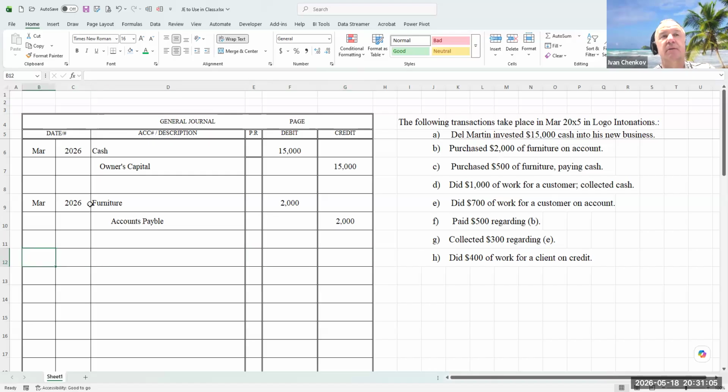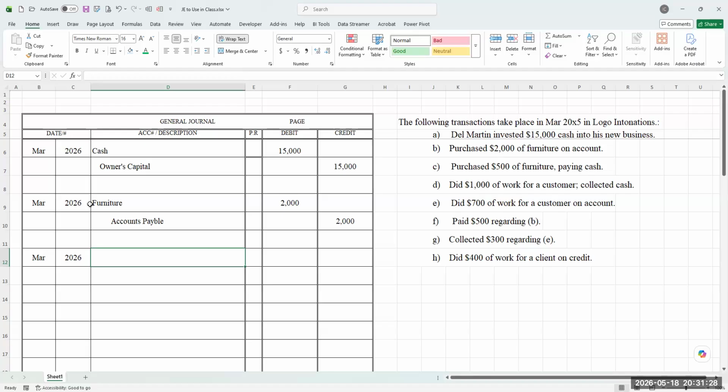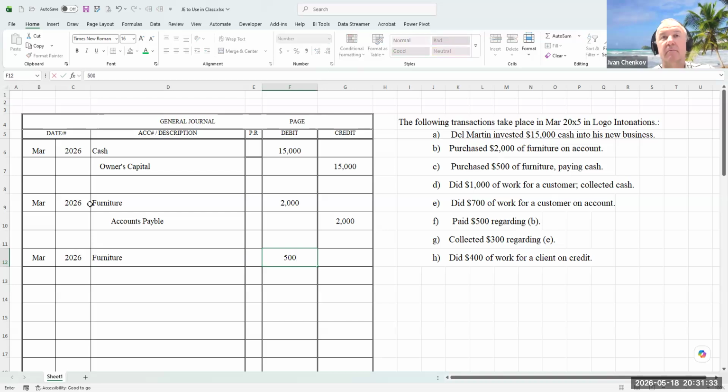Now let's go with the next one. What happened next? He purchased more furniture for $500, but now he paid cash. What does the business get? Furniture, $500, correct?